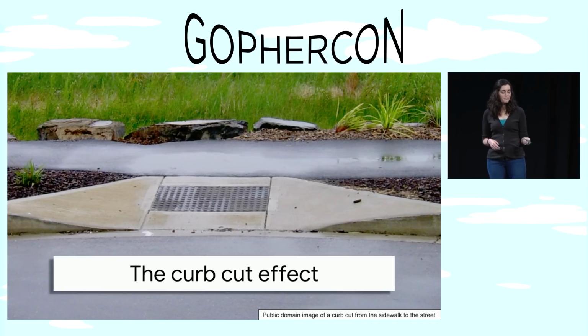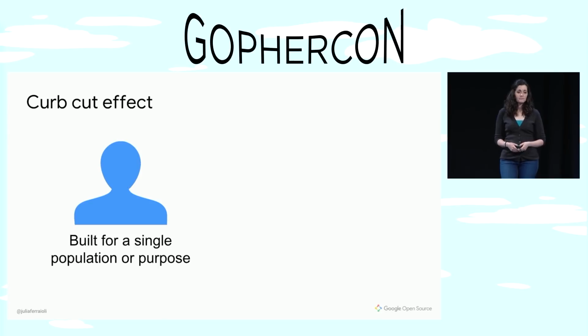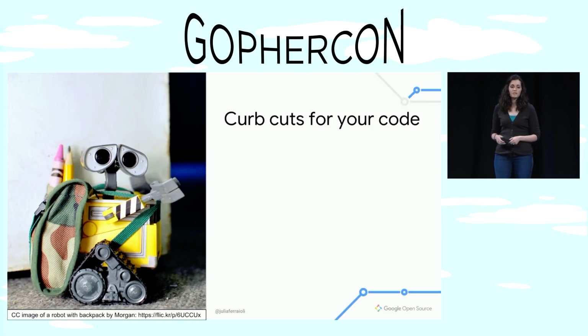So the curb cut effect is when something built or designed for one population winds up helping others outside of that population as well. And these practices that I've described, that hopefully you're already following, are code curb cuts, which is actually incredibly hard to say.